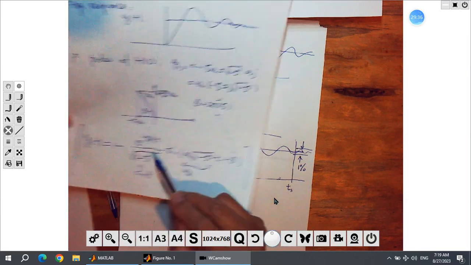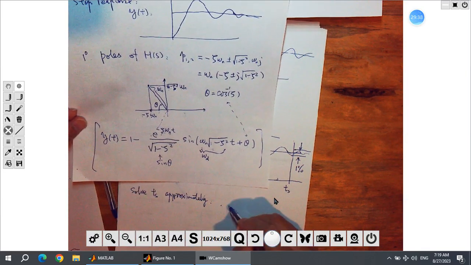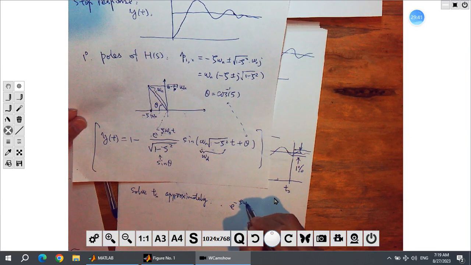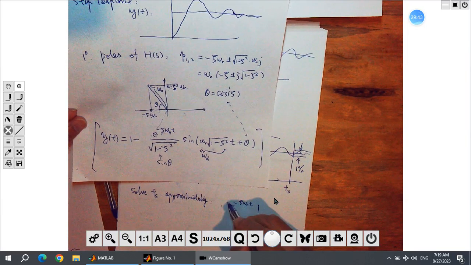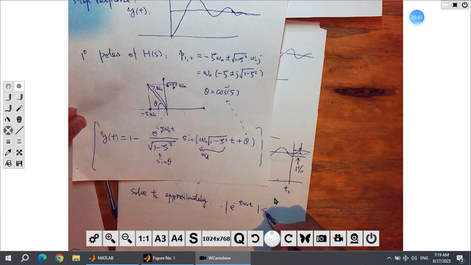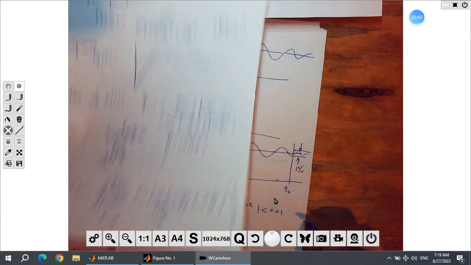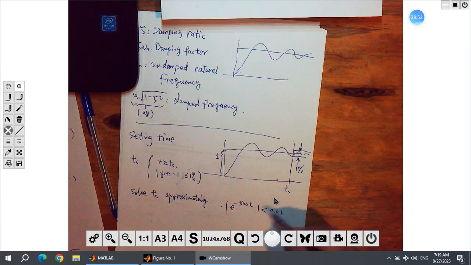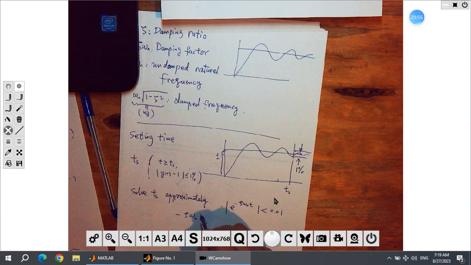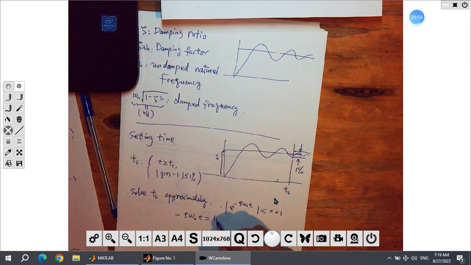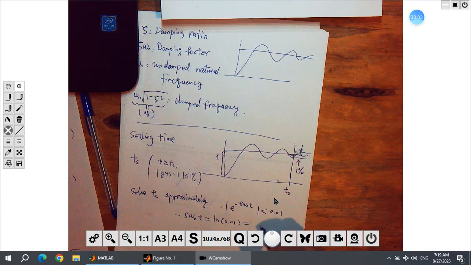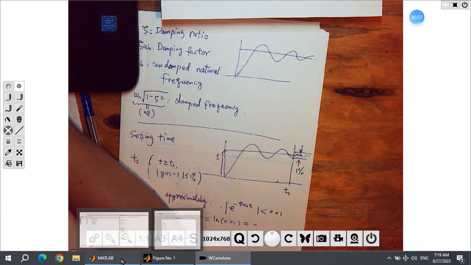We just use this part: e to the negative zeta omega n t, absolute value smaller than 0.01. Now this is approximate. By this way you can take the log. t equals the log of 0.01. Actually, you can find that it will be negative 4 point something. I forget.